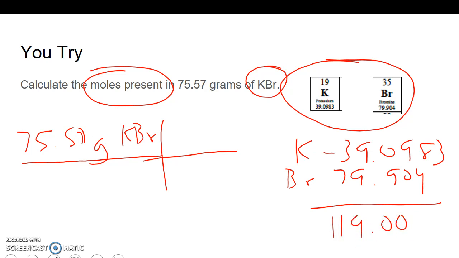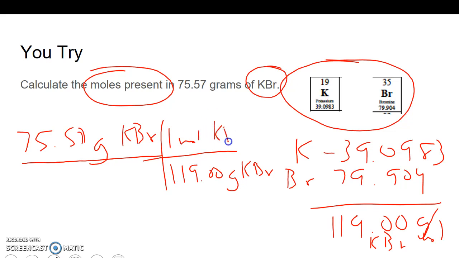I get 119.00 grams per mole KBr. So I'm going to put the 119.00 grams of KBr in the bottom and 1 mole of KBr on top. Then when I punch the numbers in, I go 75.57 divided by 119.